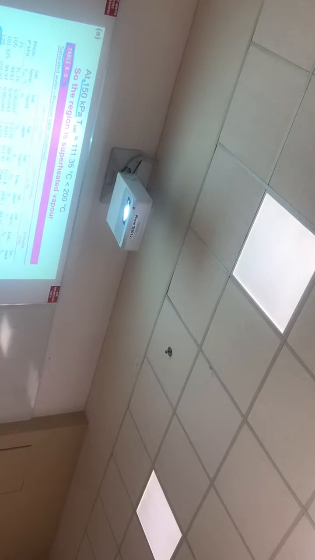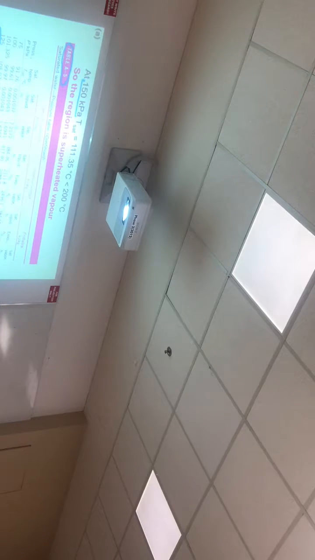And I define the state here, because 150 kilopascal and 200 degrees Celsius, this is the state point. This is the 150 kilopascal line, and this temperature. If I draw one line from here, this is here, because the saturation temperature is 111.35. This way. Okay? So now I have to go to table A6 to find this value.